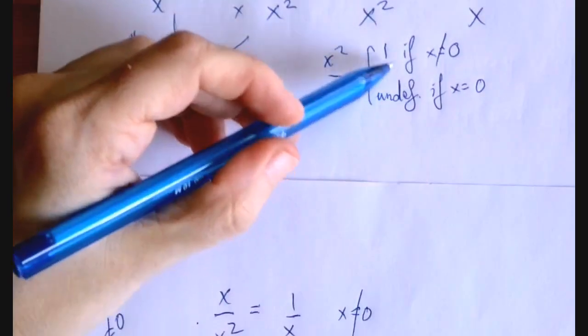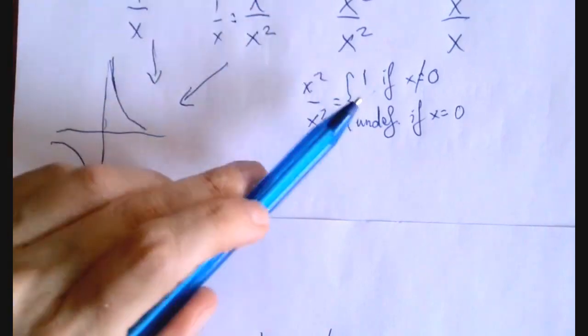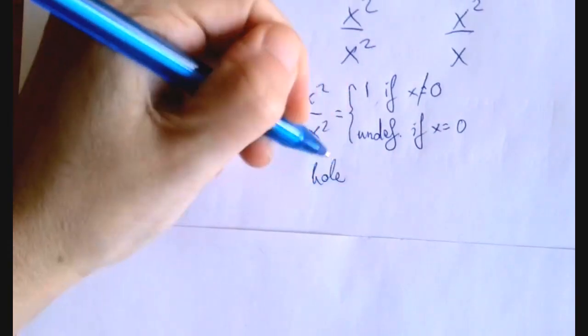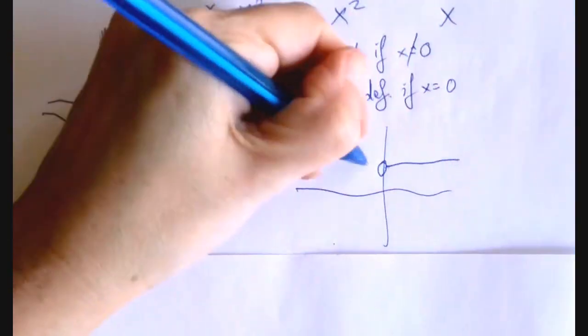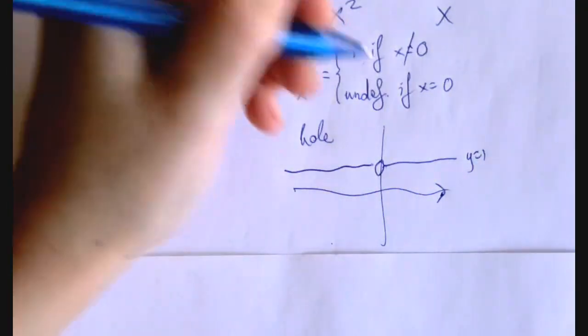That's a hole, because you either have no value or just 1. You don't have those crazy big numbers. Why? Because after simplification, there is no teeny tiny number left in the denominator to create that crazy vertical asymptote situation. So this one is a hole, and the graph would look just like x over x looked. It's almost the line constant 1, except for at x equals 0.